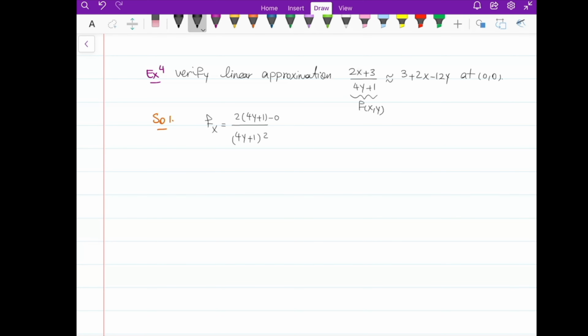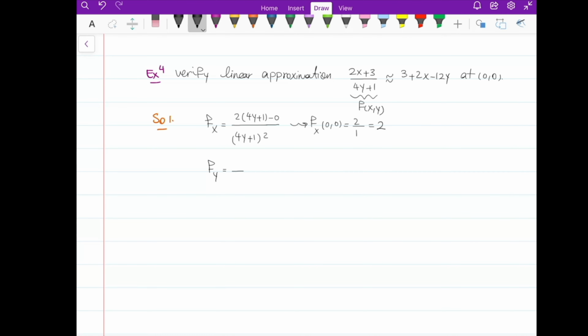Now I'm going to plug in the given point (0, 0) into that, so I get 2 over 1 squared, so the answer would be 2.